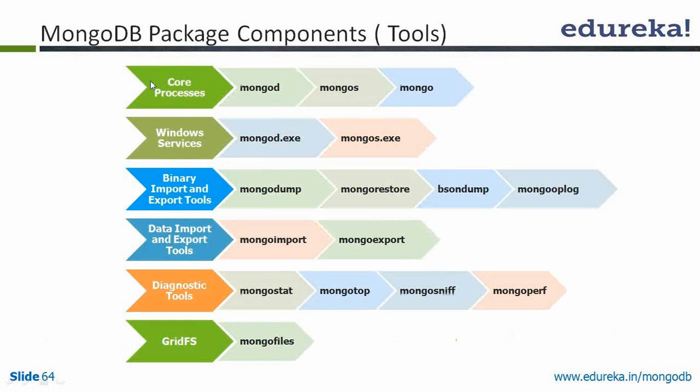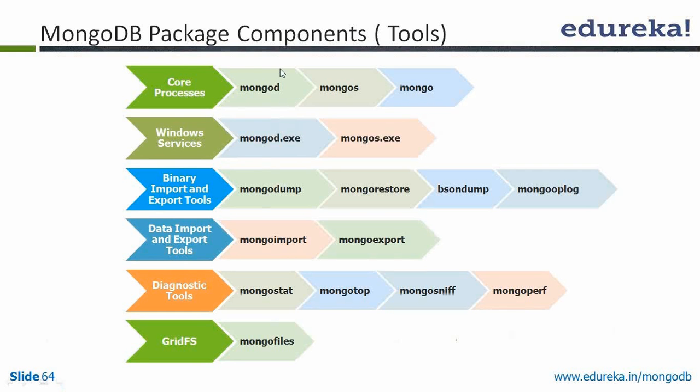This is core processes, and under core processes, MongoD, MongoS, and Mongo Shell come. MongoD is our database process, and MongoS is a query router, which will be mainly used for sharded clusters. We will see that. At this stage, you don't have to worry about the tool names. We will use all the tools mentioned here in upcoming sessions.